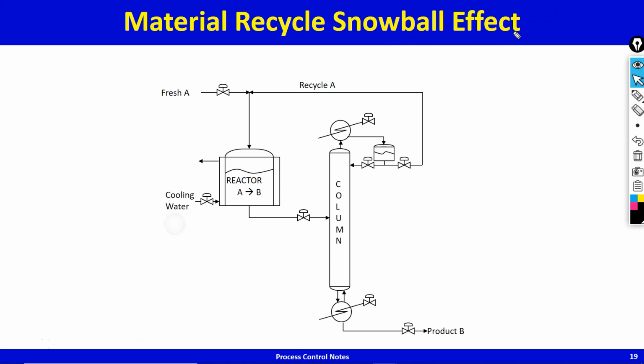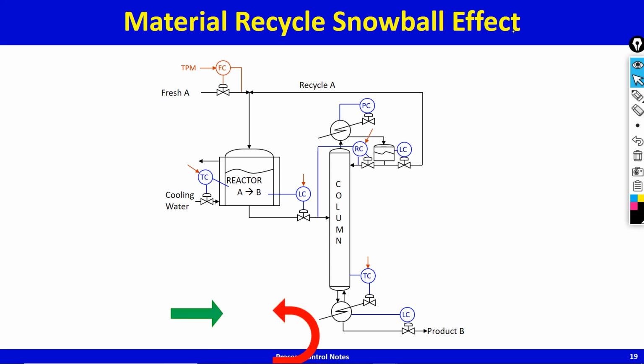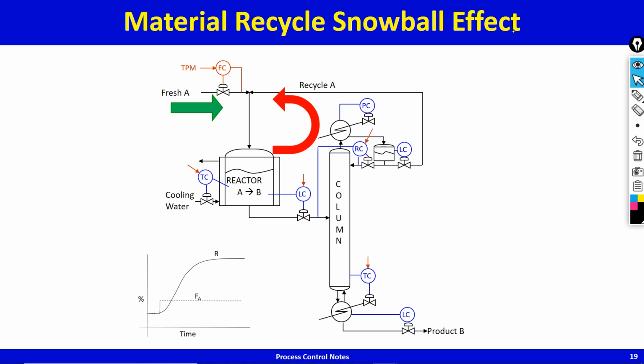and it's figurative. So if you're fixing the fresh feed, those are the set points that affect the steady state, then a small change in the fresh feed rate will cause a very large change in the recycle rate. This is called the snowball effect.